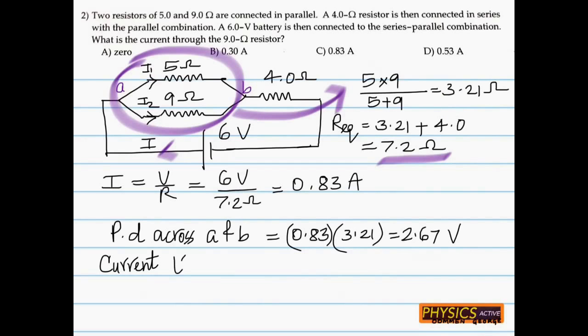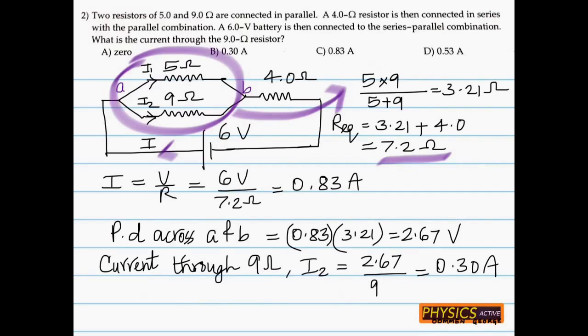And so the current through the 9 ohms would be 2.67 divided by 9, which is 0.30 ampere. If you were asked to find the current through 5 ohms, it would be 2.67 divided by 5. So that's how you do this question.